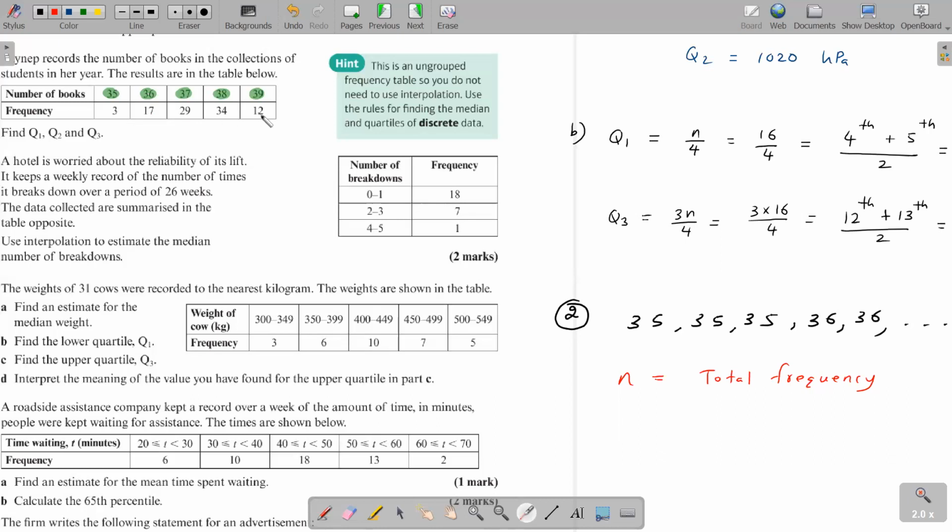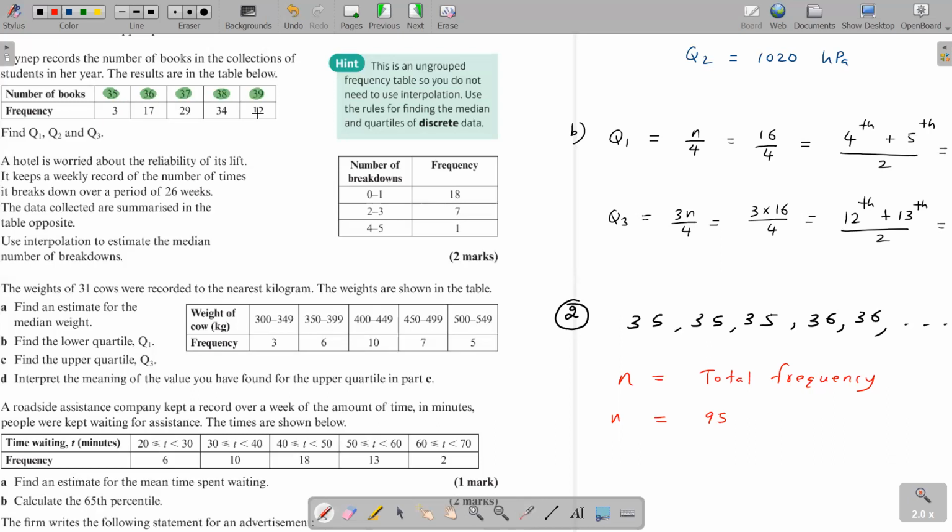The frequency gives the data points. Add the frequencies to get the total number of data points: 3 plus 17 plus 29 plus 34 plus 12 is 95.